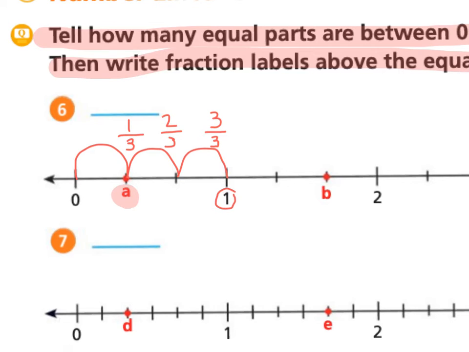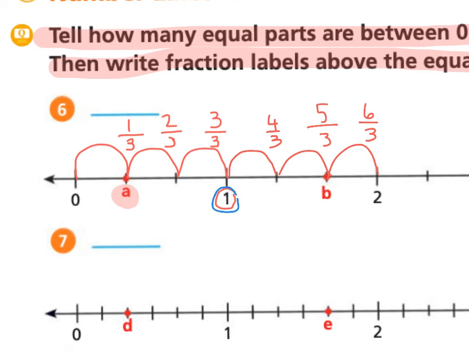Let's look and make our improper fractions first. So 3/3, 4/3, 5/3, 6/3. Now let's make our mixed numbers.